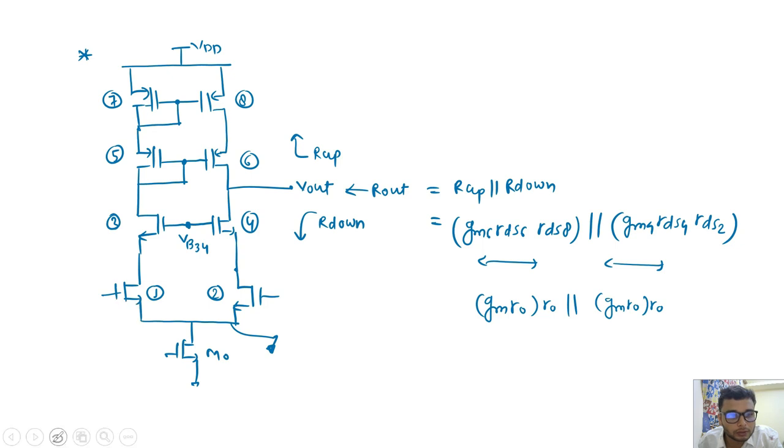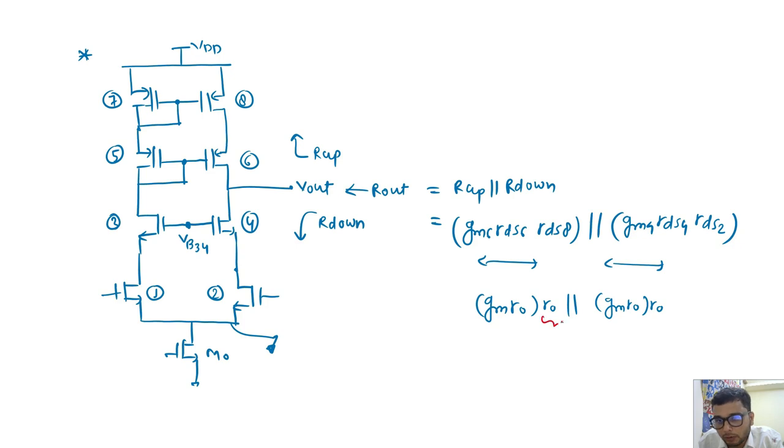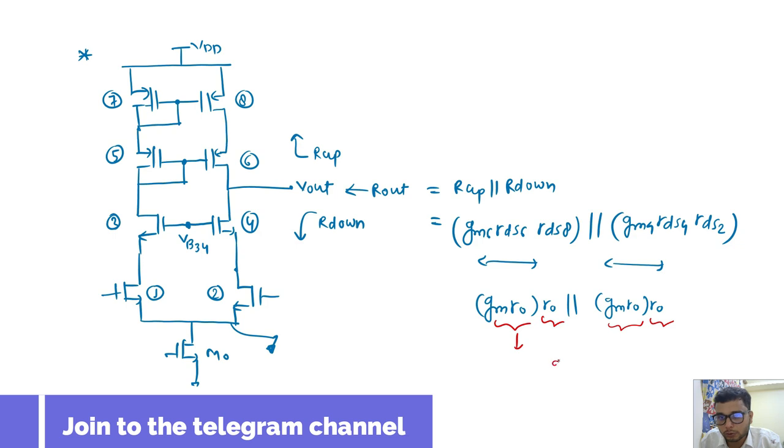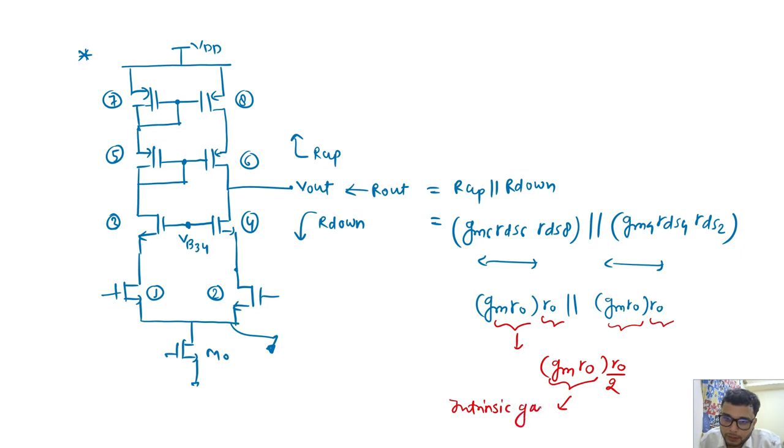Now this R out is multiplied with some intrinsic gain, and this R out is also multiplied with some intrinsic gain. So overall we can say R out by 2. Previously the output impedance was only R out by 2, now it is multiplied with this intrinsic gain. So R out is significantly increased.